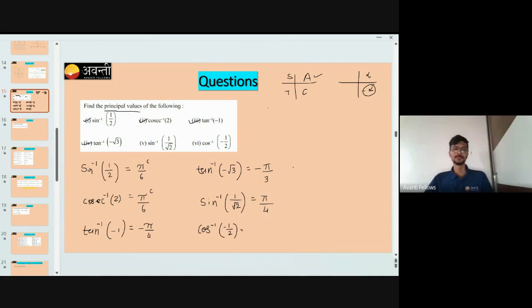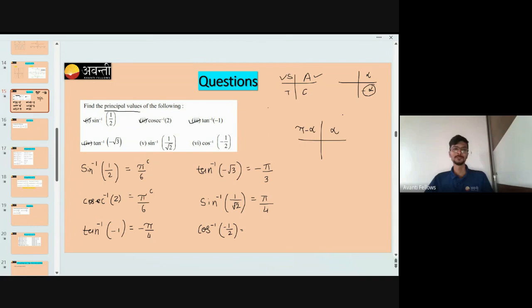First quadrant or second quadrant? It will be second quadrant because cos is negative in second quadrant. Now, if the angle in the first quadrant is alpha, what is the corresponding angle in the second quadrant? It is pi minus alpha.